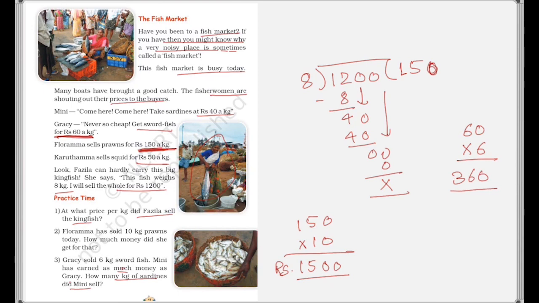Minnie has also earned this much, and Minnie is selling sardines at rupees 40 a kg. So if we want to know how many kgs of sardines she has sold, we need to divide 360 by 40. Just do this division and tell me the answer in the comments section.